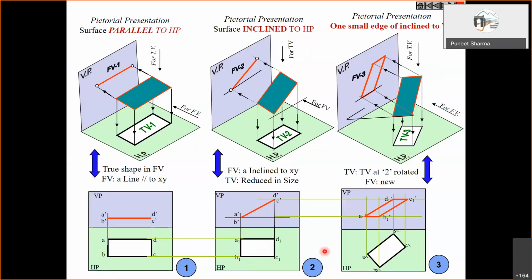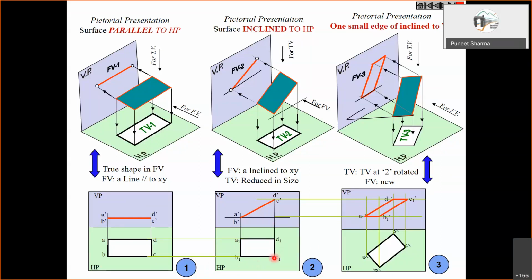Then in the third step, we have to obtain that one of the edges of the plane figure is parallel to the horizontal plane and inclined with the vertical plane. So now we have to draw this by keeping this edge, which is giving true length. Of course, for this figure, this is also giving the true length, and this is also remaining parallel to the horizontal plane.